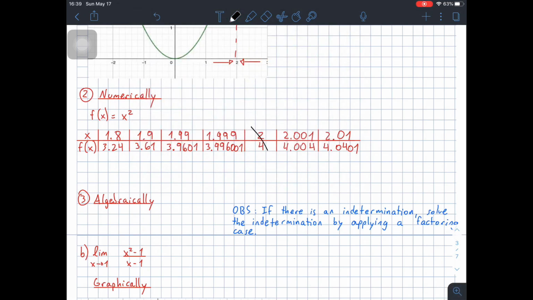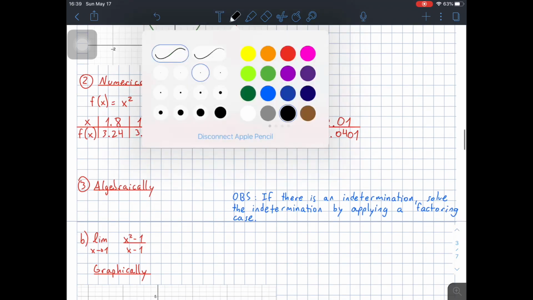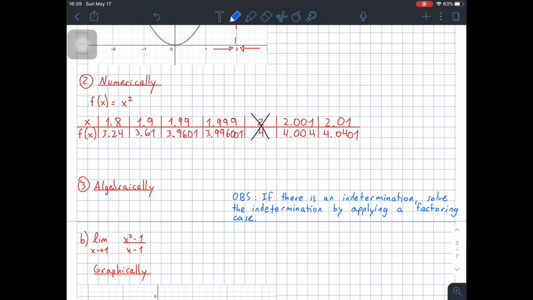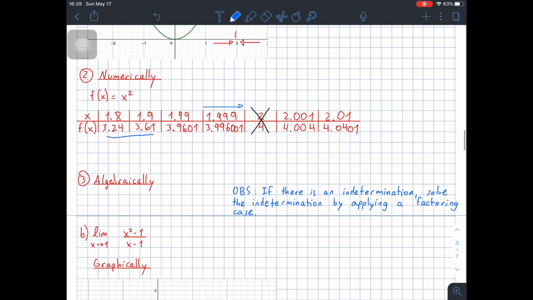Okay, so because we're analyzing the limit and not the actual value for x equals 2, I'm going to discard this. I'm not going to look at this, but rather I'm going to analyze what's happening when I'm approaching that value, which is x equals 2, right? So you see that when I'm approaching x equals 2 from the left, the values are tending to what value of y?